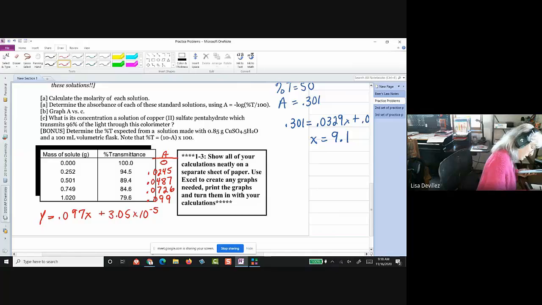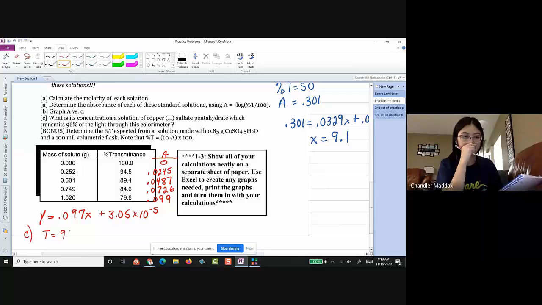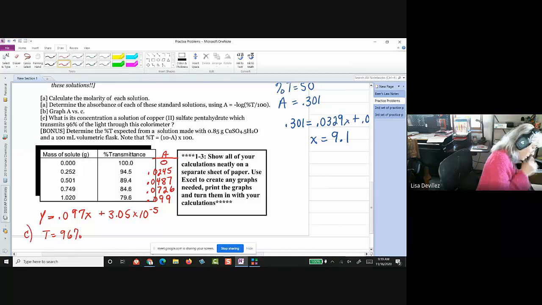Then part C says if the transmission is 96%, it wants to know what the concentration is. So negative log of 0.96 gives an absorbance of 0.0177.